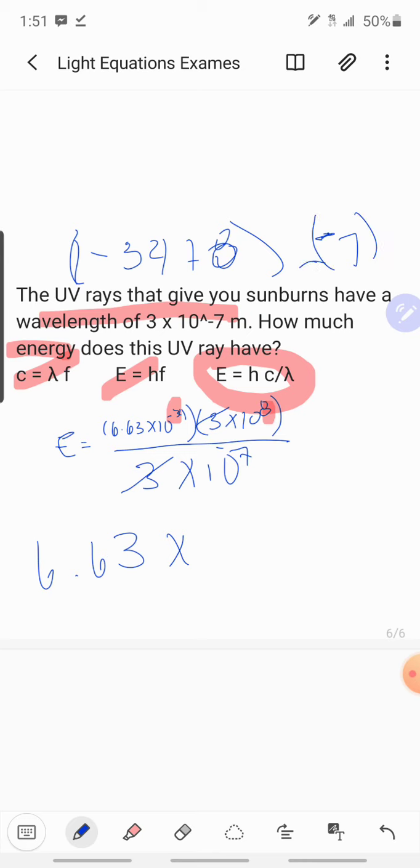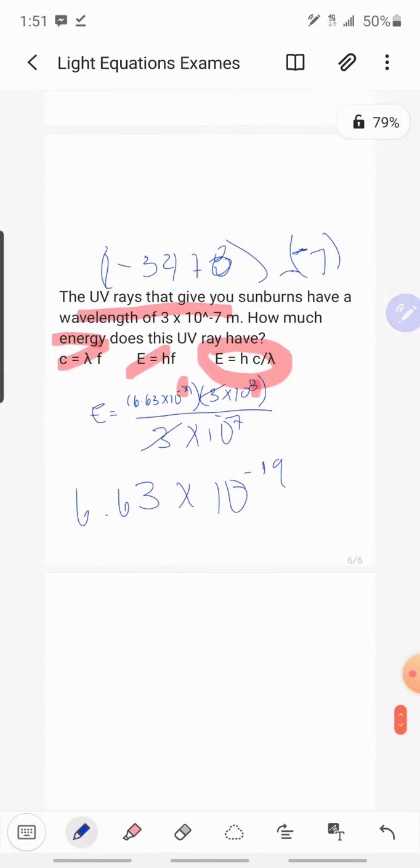That's a minus 7 there. So if I do negative 34 plus 8 minus 7, we get times 10 to the minus 19. And so that's our energy given this wavelength.